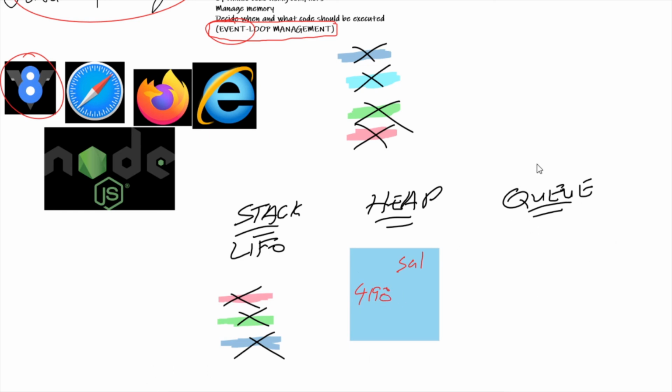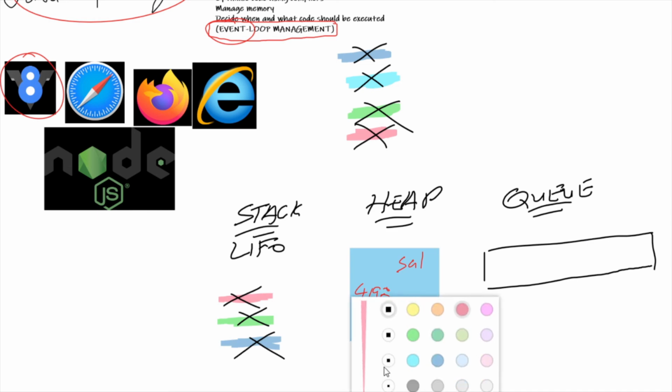Now the queue is where modern JavaScript gets its ability to go out of order. When I talked about up here line 3 being put in a place for holding, I was talking about the queue. So a queue is like a list. And when you designate a function to be called back later, we call those callback functions, and we'll get into that in later videos. The callback function is put into the queue.